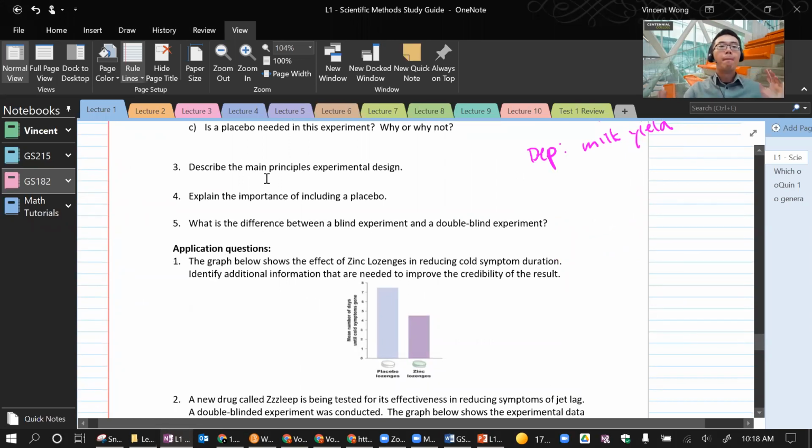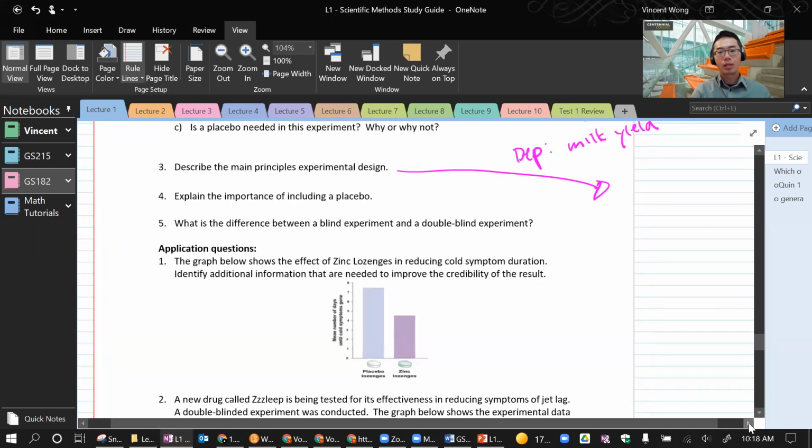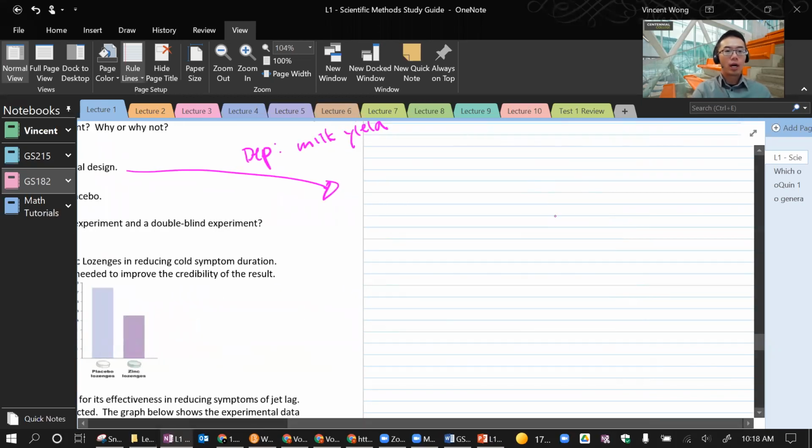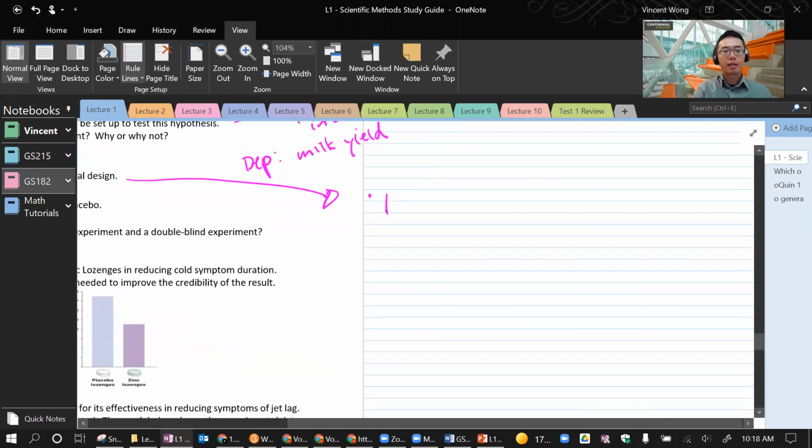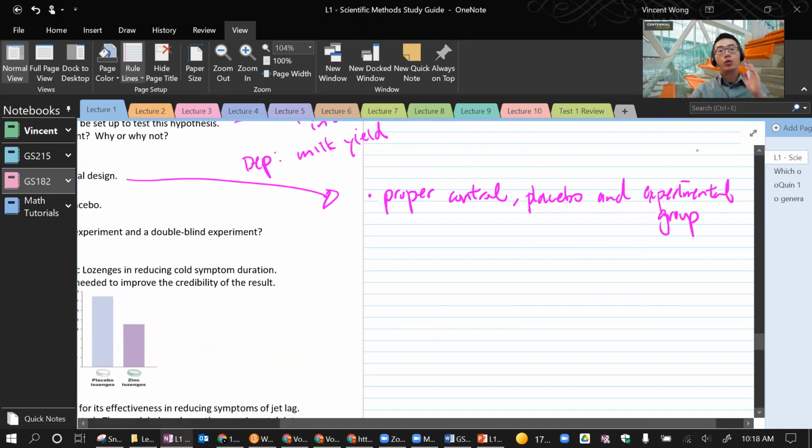Describe the main principle of experimental design. There are a couple of things here that you need to consider. We need to have, for example, a proper control group, control, placebo, and experimental group. You have to have a control group to compare your results to.